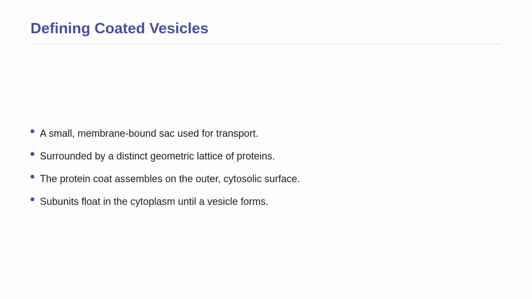Building on the idea of shipping containers, let us define what these structures actually look like biologically. A coated vesicle is essentially a small, membrane-bound sac, but what makes it special is the distinct geometric lattice of proteins surrounding its outer cytosolic surface. We call this lattice the coat.